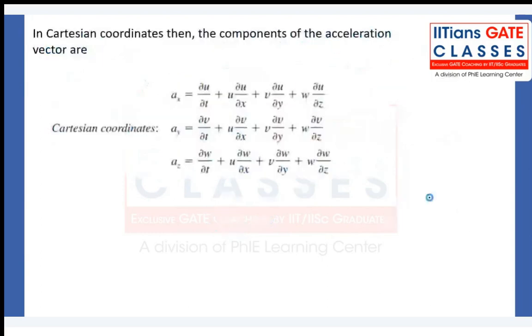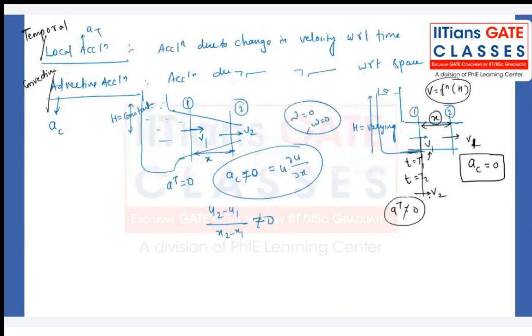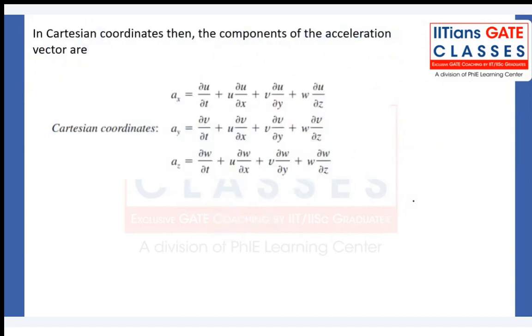Now, in the Cartesian coordinate system, the components of acceleration can be written as, so please note down, I will discuss how it is coming: Ax, Ay, and Az. When we write the magnitude of the acceleration, that will be the square root of Ax square plus Ay square plus Az square.